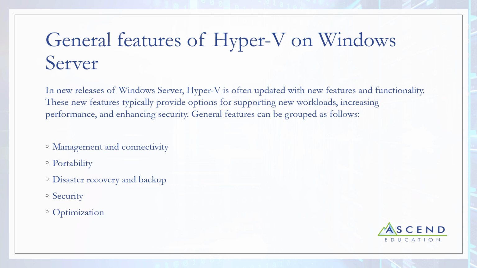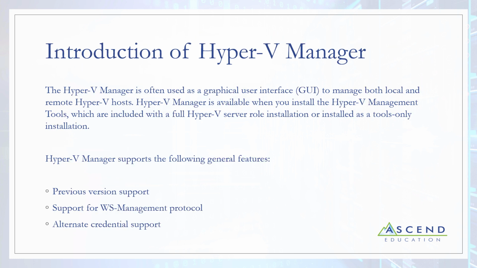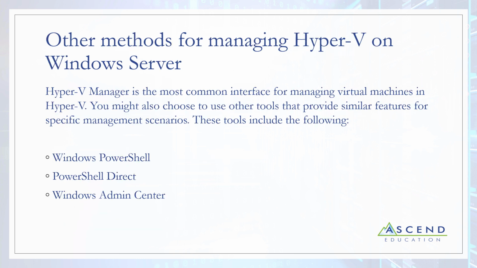There are lots of great security features that come with Windows Server 2019 that weren't available in previous versions, and you can optimize to make sure that you're running the servers in a way that doesn't negatively affect the host. One of the nice add-ons to Windows Server Hyper-V Manager is the ability to add alternate credentials, so that would be multi-factor authentication if you wanted to do that when you go to log in.